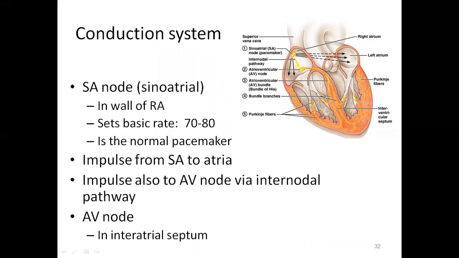Here the electrical conduction is held by the SA node, that is the sinoatrial node, which is also known as the pacemaker of the heart. It is in the wall of the right atrium and the basic rate is 70 to 80, and it is a normal pacemaker. It sends impulses from the SA node to the atria and to the AV node via the internodal pathway.